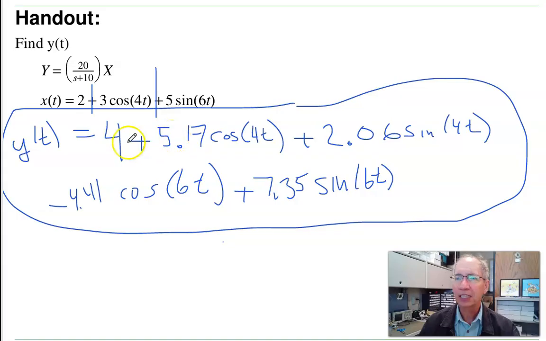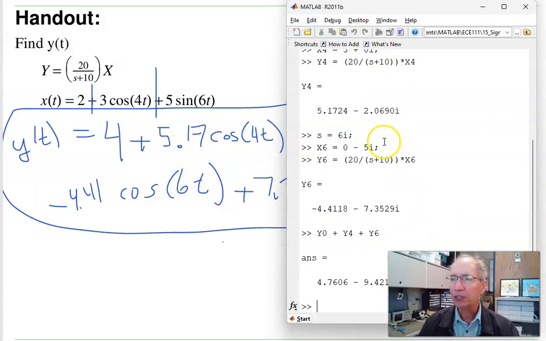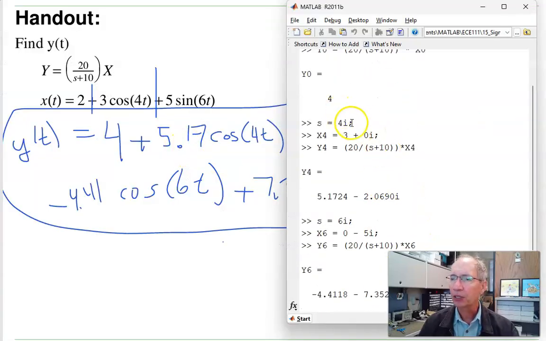I can't take 4, add it to cosine and sine and get a number. The frequencies are different. It doesn't simplify. The DC term is separate from the 4 radian per second term, is separate from the 6 radian per second terms. You can't add the answers together. In phasors, these are complex numbers. It looks like you can add them together, but you can't. They're different frequencies.